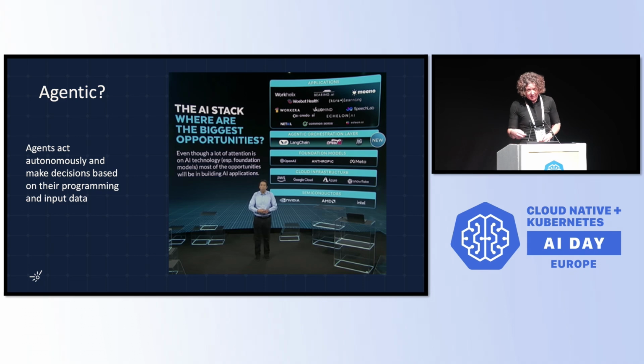We also have Agentic, and generally Agentic is thought of as a set of agents that are often created using an Agentic orchestration layer. Just think of that orchestration layer as sitting between your model and the applications that you're actually deploying.